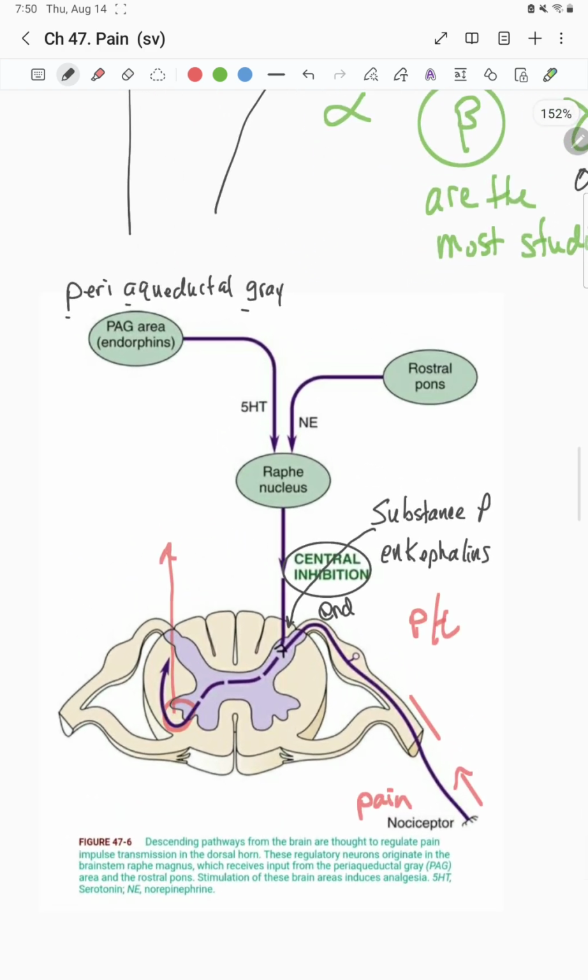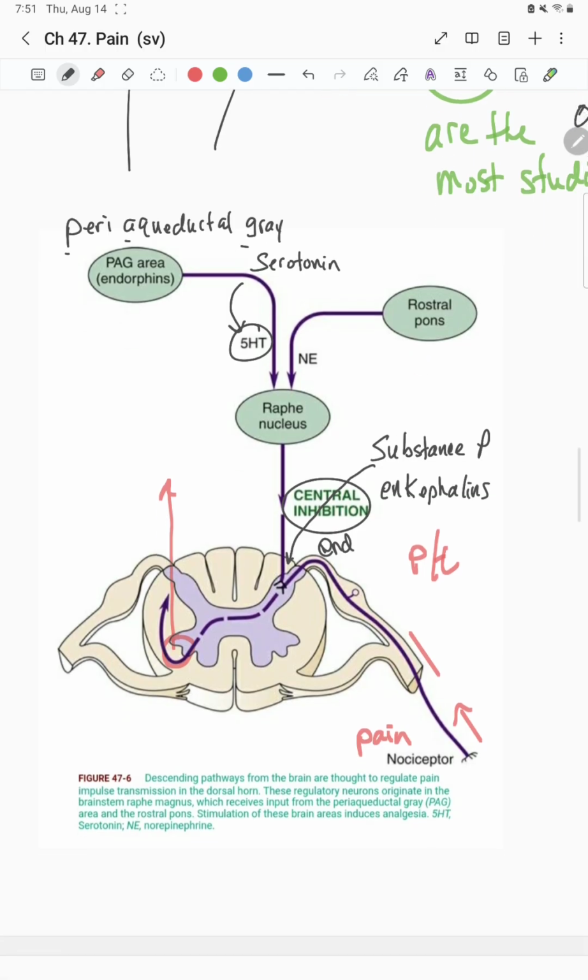And what they're also going to help do is include serotonin, okay, or this 5-hydroxytryptophan. The rostral pons is responsible for the release or the utilization of the norepinephrine that is going to communicate with the raphe nucleus, which is found in the brainstem.